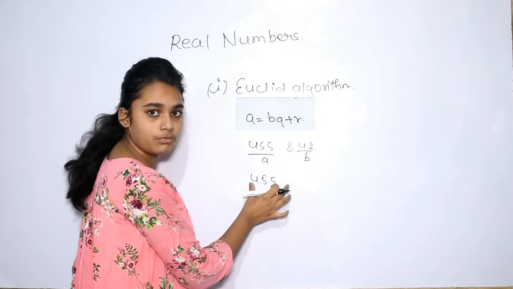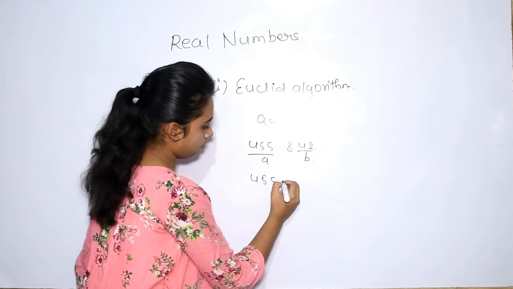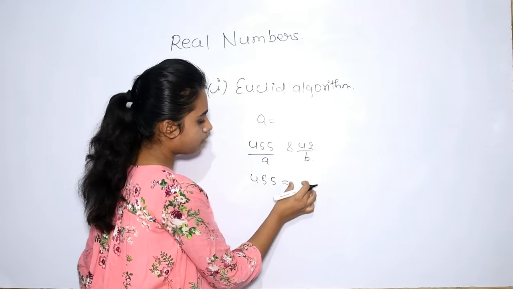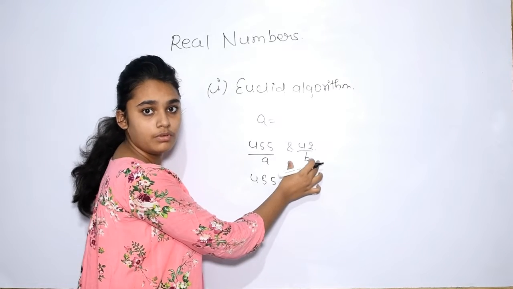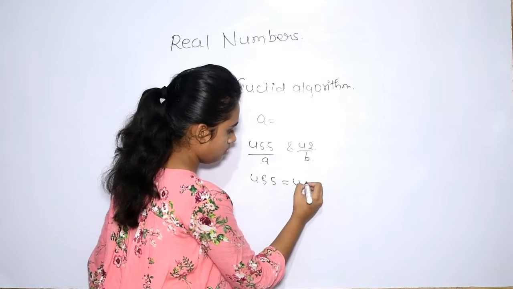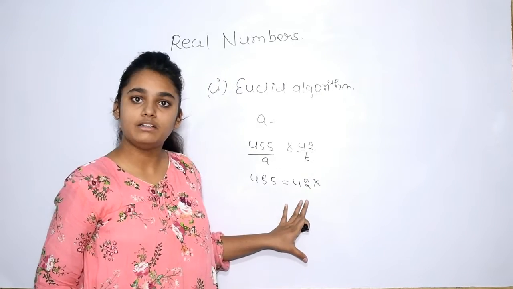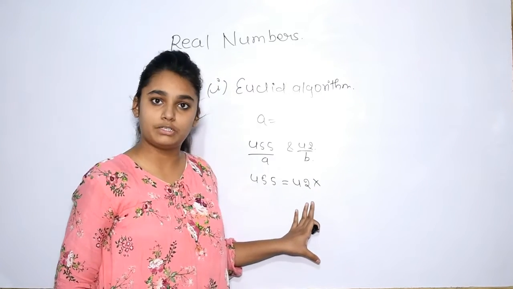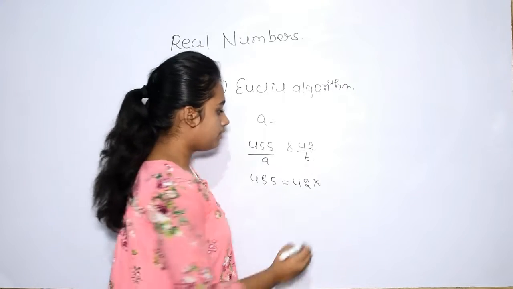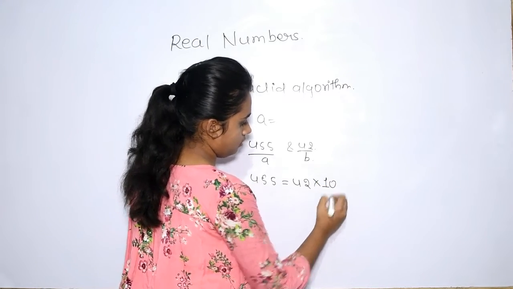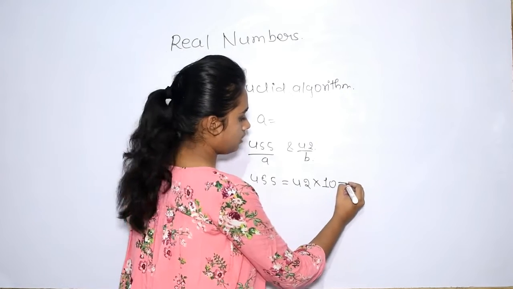A is the dividend, so we are putting 455 as a. B we have to take as 42, it is the divisor. When we divide 455 by 42, the quotient will be 10 and the remainder will be 35.